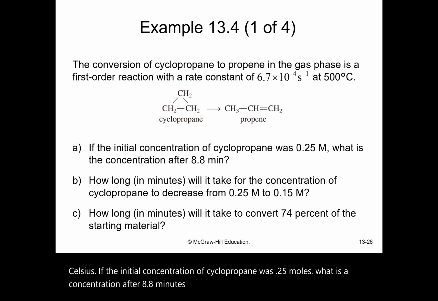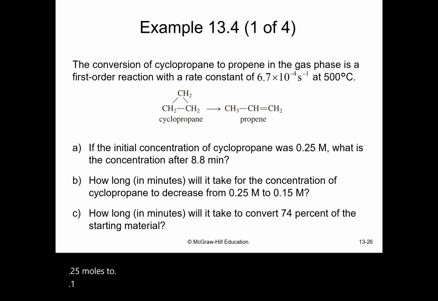How long in minutes will it take for the concentration of cyclopropane to decrease from 0.25 moles to 0.15 moles? And for C, how long in minutes will it take to convert 74% of the starting material? So take a minute, see if you can try to solve this problem.